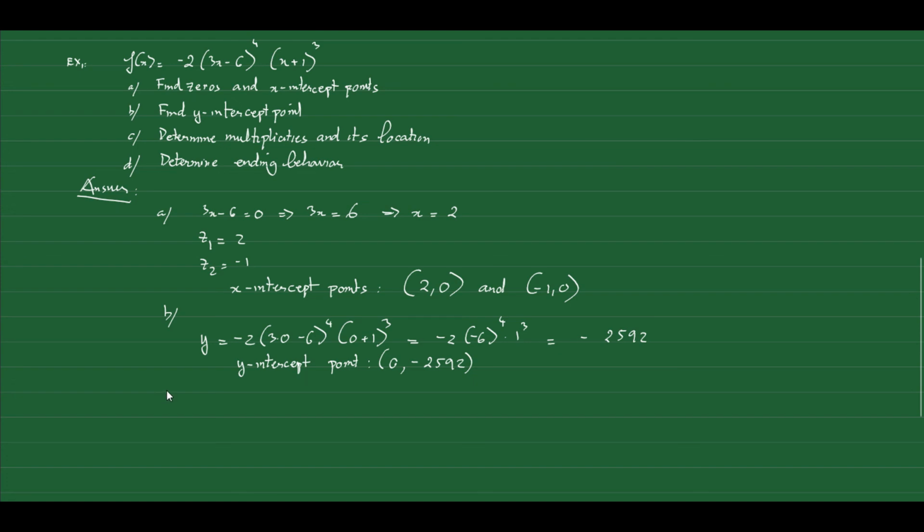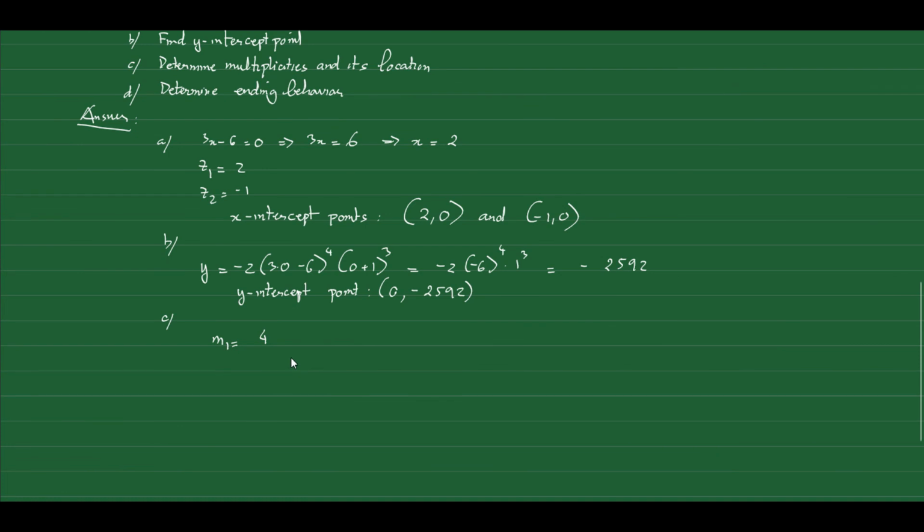Alright, part C. Determine the multiplicity. Very easy. So M1 is 4, and this is even. So it will be touching the x-axis at the x corresponding to that, which will be 2.